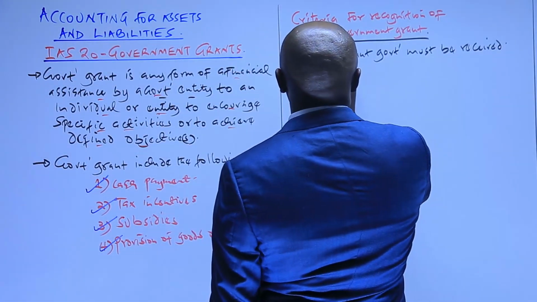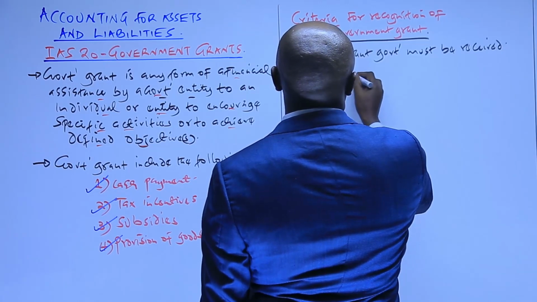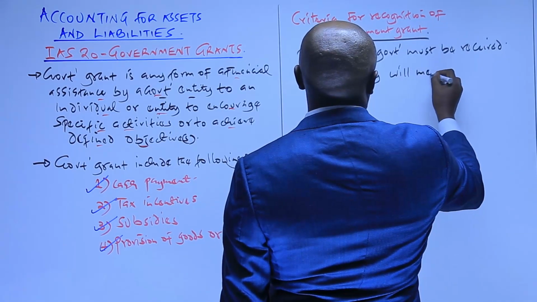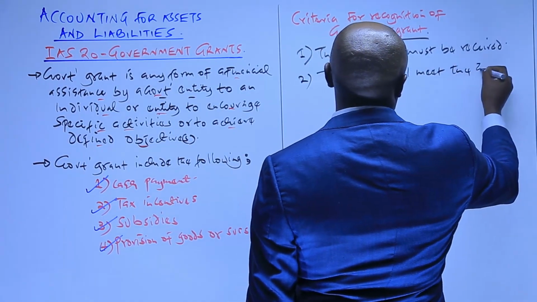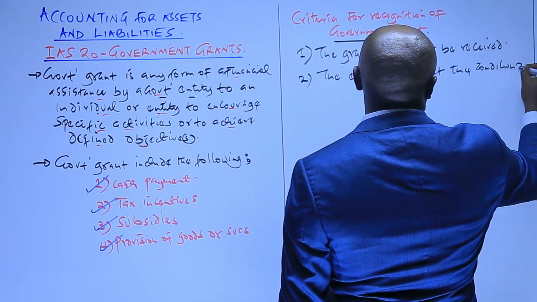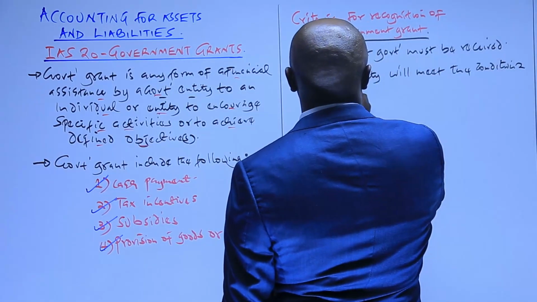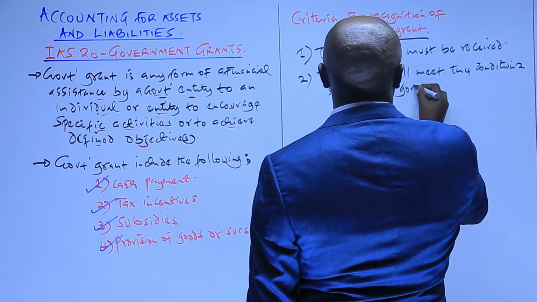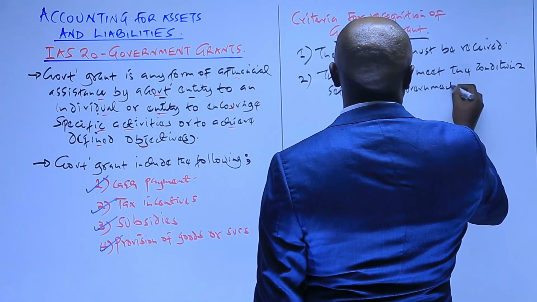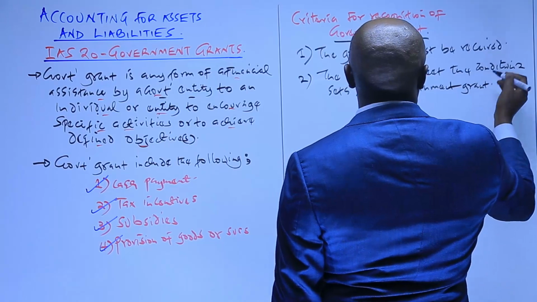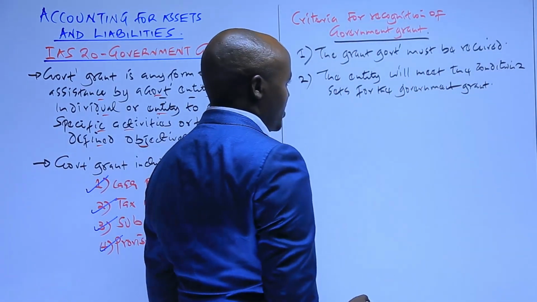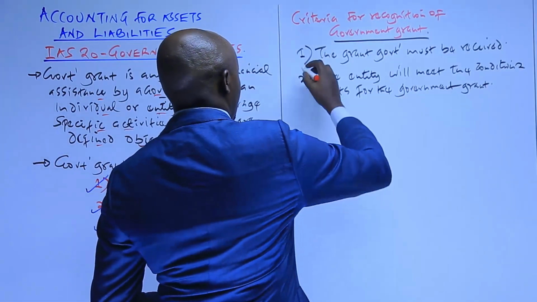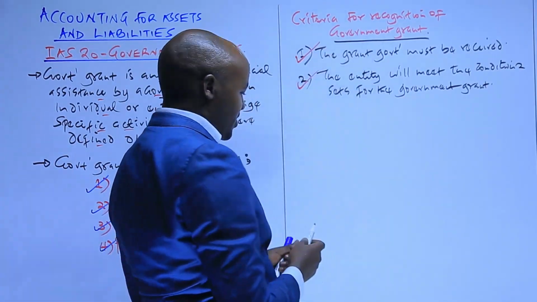And therefore we say the entity will meet the conditions set for the government grant. So if the entity will meet the conditions set by the government, then the entity should proceed and recognize that particular government grant.